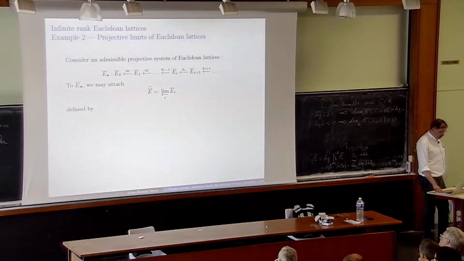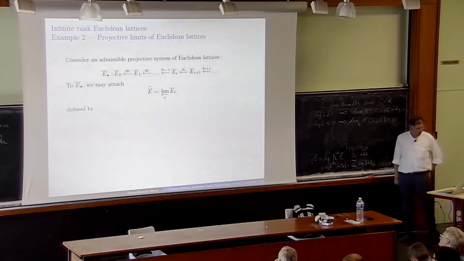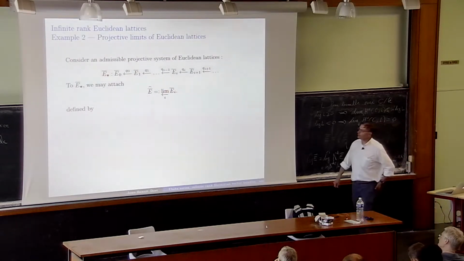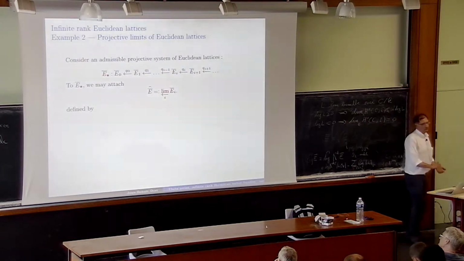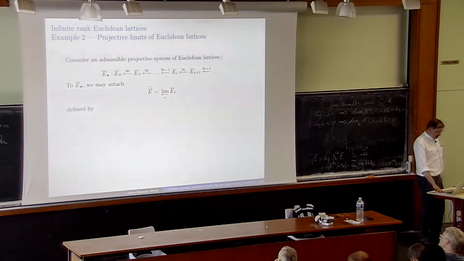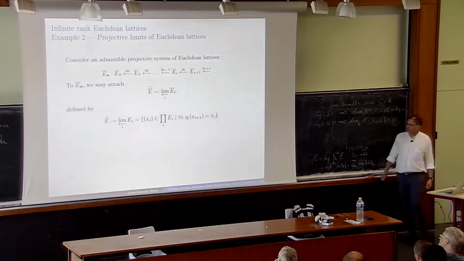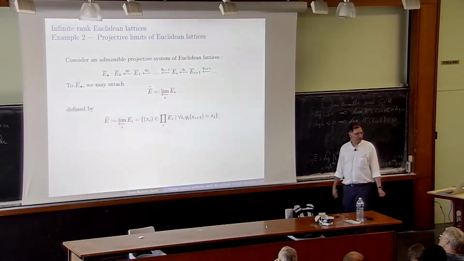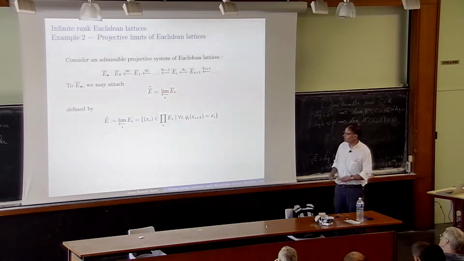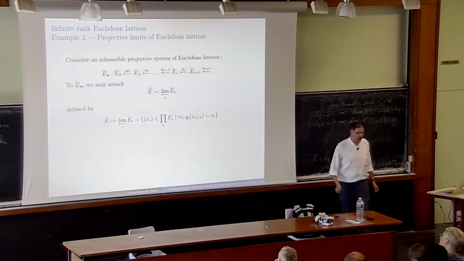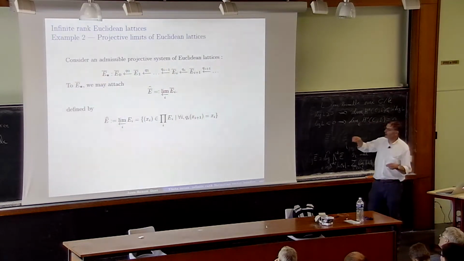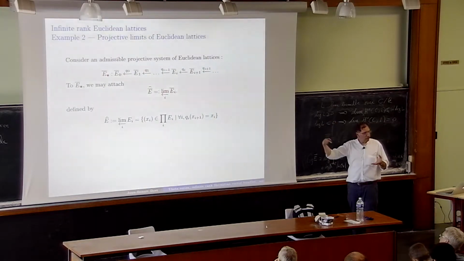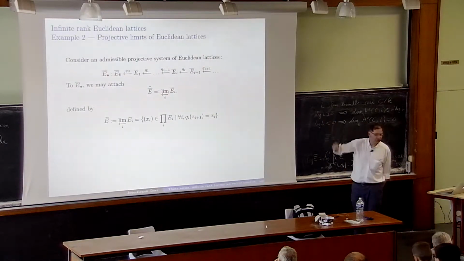So if you are given such a gadget, you may define a kind of projective limit that will be an object of this new type. And indeed, its formal part, E bar, will be the projective limit in the usual sense of the Z modules. So by definition, an element of the projective limit is a sequence of elements xi in Ei that are compatible with the maps in the system.